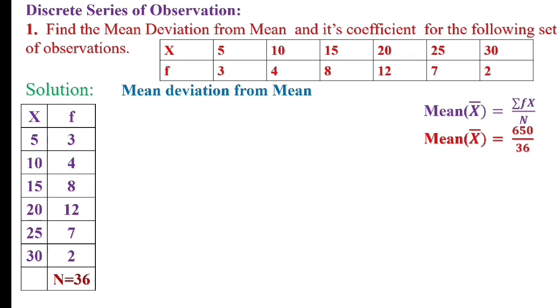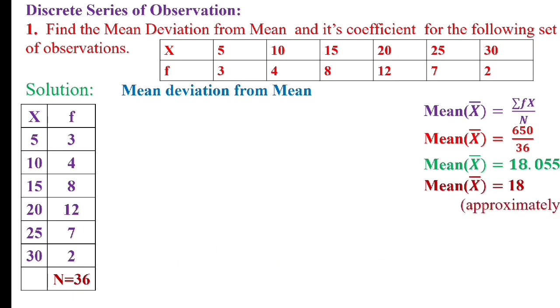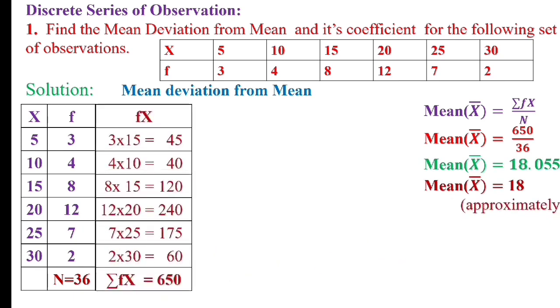How do you find f into x? 3 into 15, 45, 4 into 10, 40, 8 into 15, 120, 12 into 20, 240, 7 into 25, 175, 2 into 30, 60. Sum of all the values is 650. 650 divided by 36 is 18.055. Approximately it will be close to 18. So we consider it as 18.